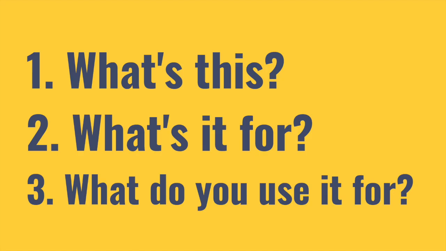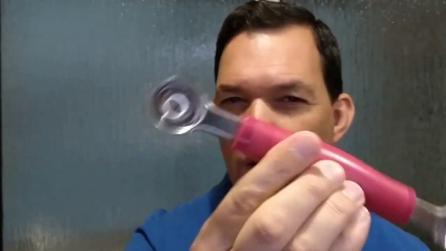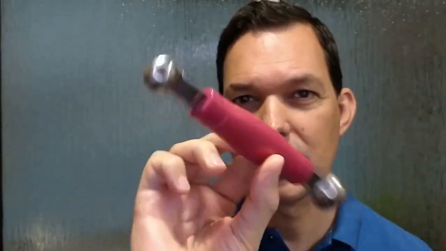Okay, now it's practice time. So I'm going to show you 3 kitchen utensils, and I want you to tell me what they are, what they're for, and what you use them for. Ready? Number 1. What's this? What's it for?